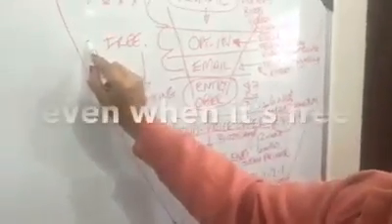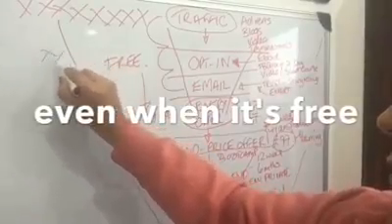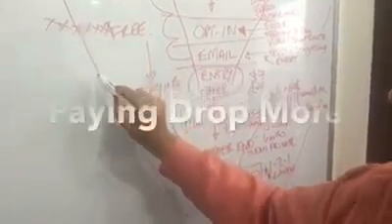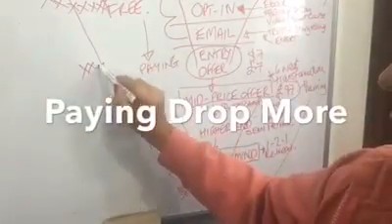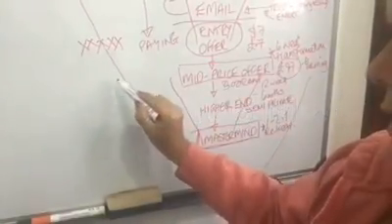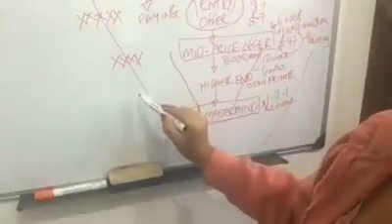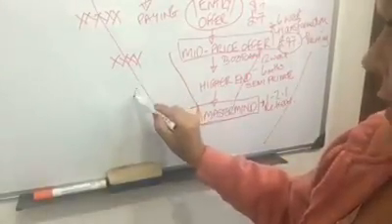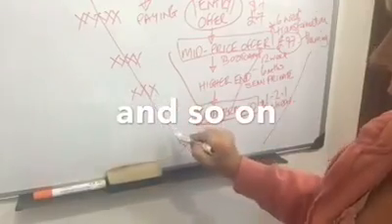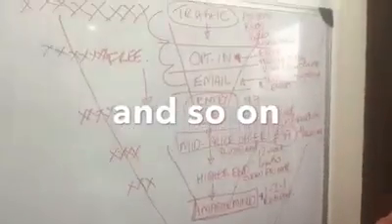So at each stage, even at the free stage, people don't open the ebook, so the crosses come down, there are not as many. Then when we get to the paying, they drop off a little bit more. Then when we get to the actual mid-price, it's beginning to come down even further. Then when we get to our 3-month or 6-month, we're talking even less. And then when we get to our really high-end stuff, we're talking very, very few people.